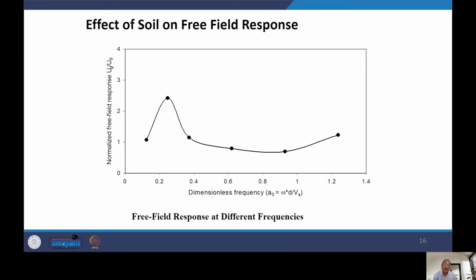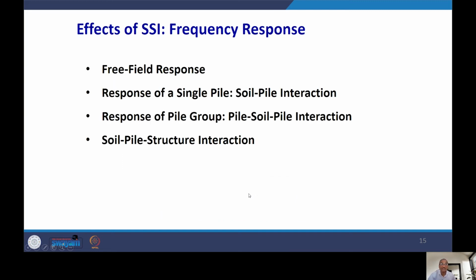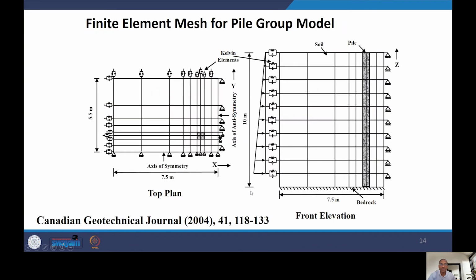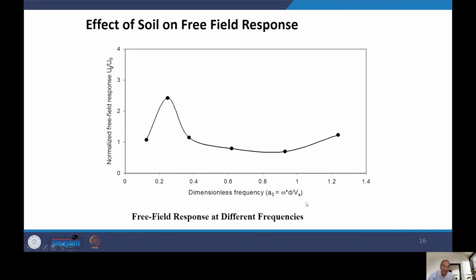On the x-axis, the frequency variation is shown, where omega is the angular frequency of excitation. That means omega depends on your input motion. Then a naught is the dimensionless frequency, defined as omega times D divided by Vs, where D, in this case, is the diameter of the pile, and Vs is the shear velocity, which changes with different types of soils but could be constant in the same medium.